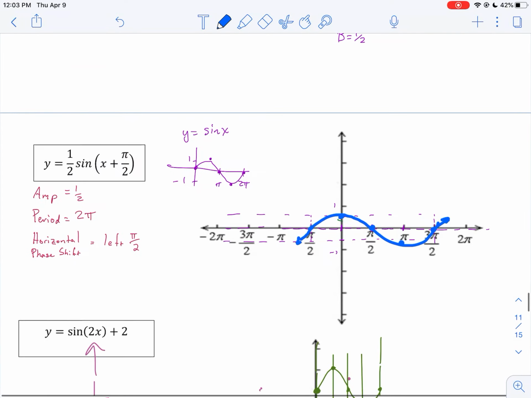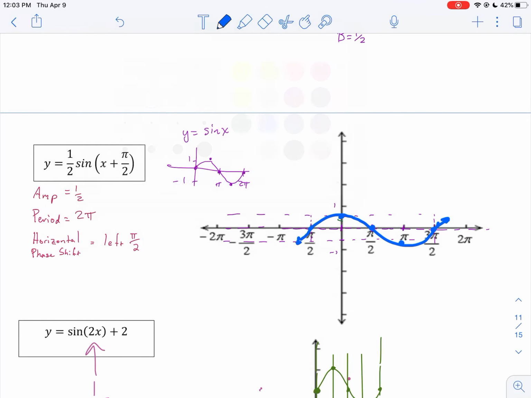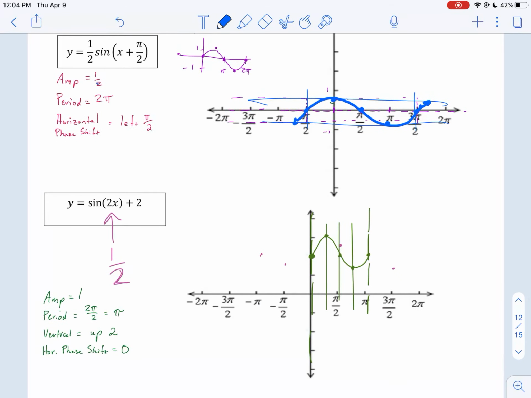So here is one period of my sine function for this problem. Let me do a quick review. Amplitude's 1/2, so that cuts it here and here. Period's 2 pi and moved left pi over 2.